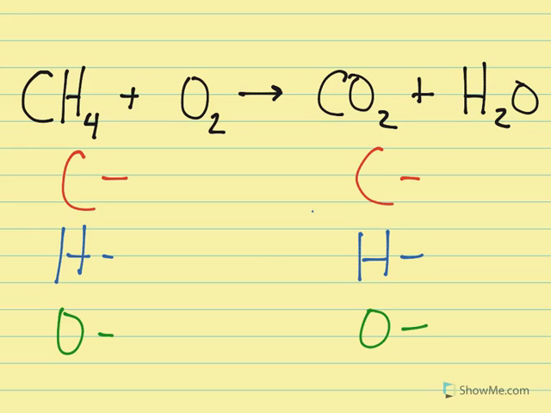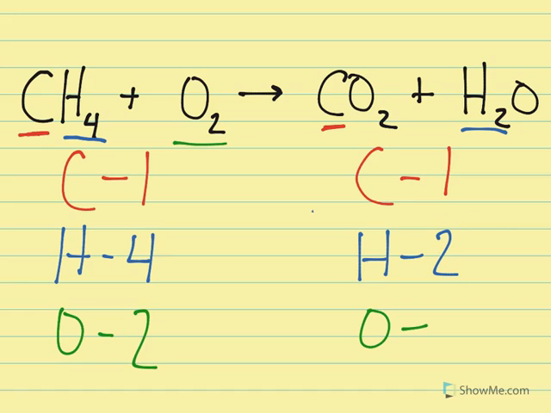Counting carbons, there's only one on the left and only one on the right. On the left you have H4, meaning 4 hydrogens, and on the right you have H2, meaning only 2 hydrogens. On the left you have O2, which means 2 oxygens, and on the right you have an oxygen here plus 2 more oxygens here, meaning there are 3.